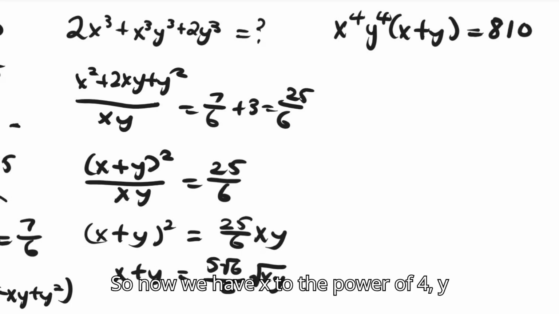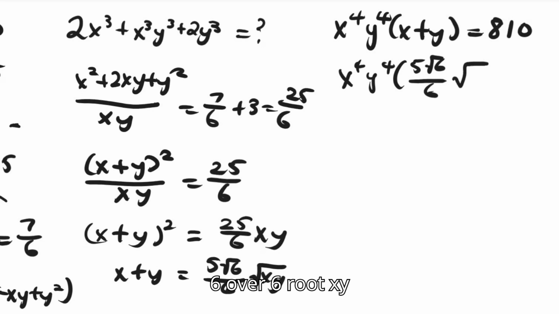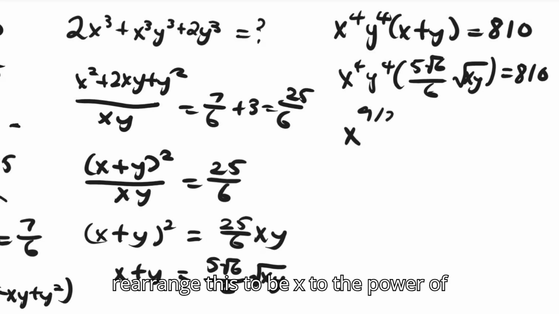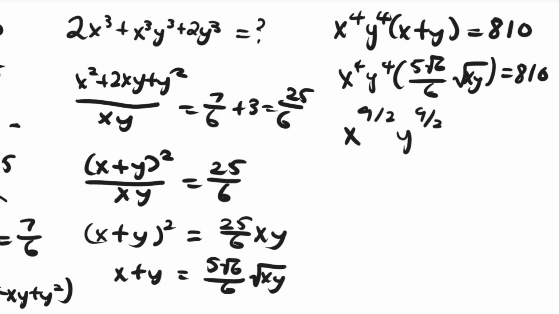So now we have x to the power 4, y to the power 4, times 5 root 6 over 6 root xy equals 810. And we can rearrange this to be x to the power of 9 over 2, y to the power of 9 over 2 equals 810 times square root 6 over 5.